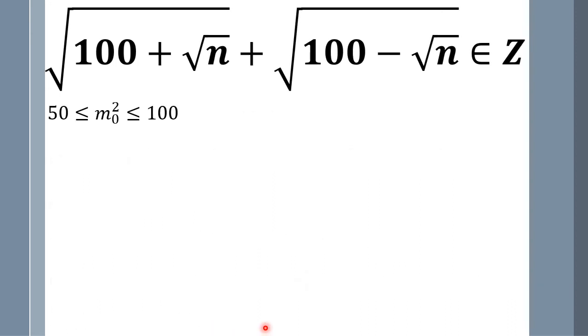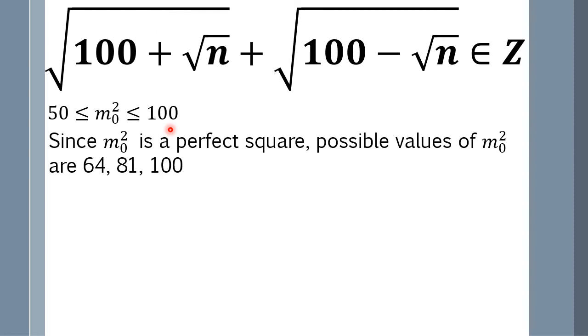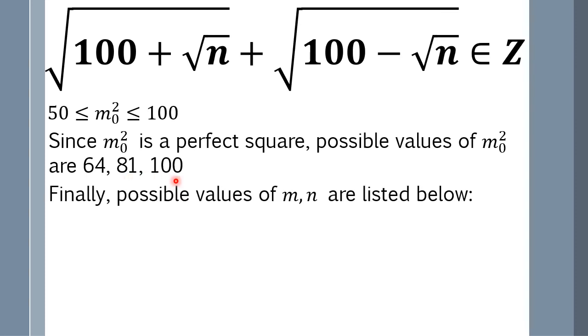And we know m0 squared is a perfect square between 50 and 100. That means the possible values of m0 squared could be 8 squared, which is 64, 9 squared, which is 81, or 10 squared, which is 100. So from here, we can have all the possible values of m and n, which are listed below.